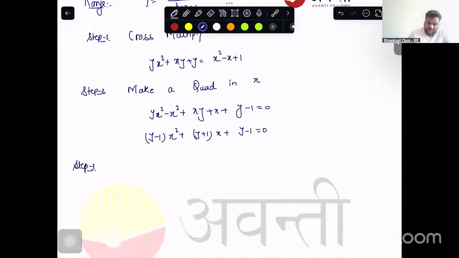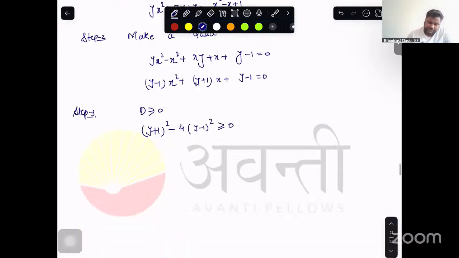Now step 3. Do its D more than or equal to 0, because definitely x is real. So its discriminant has to be more than or equal to 0. Now it is (y plus 1) whole square minus 4 times (y minus 1) whole square more than or equal to 0. Am I correct?